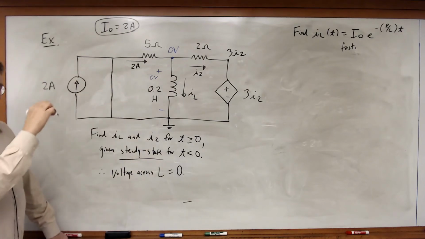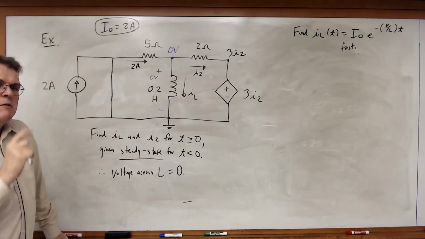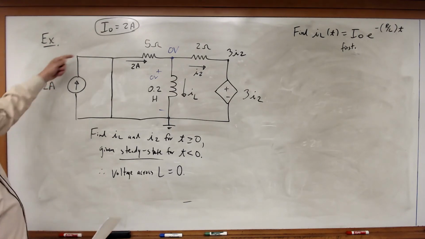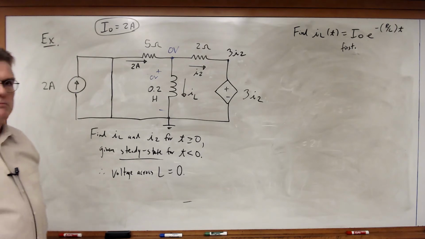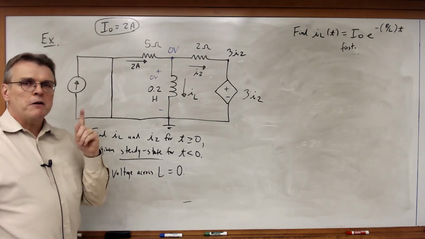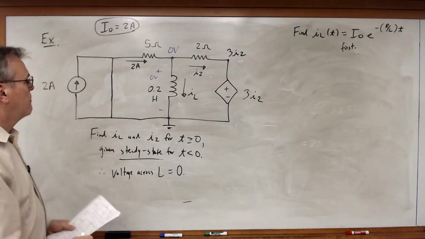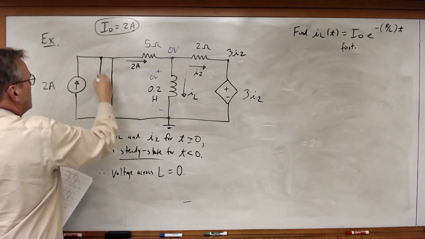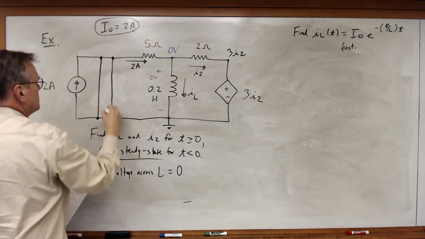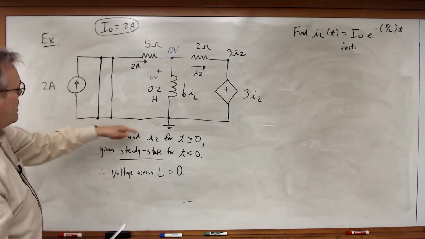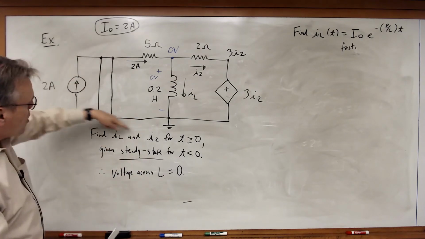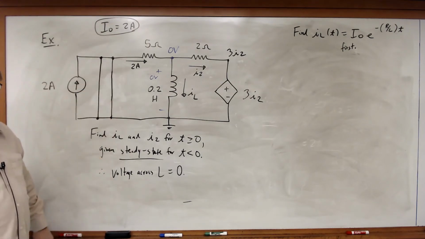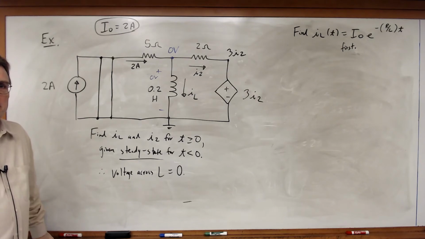Now, watch this, because a lot of people have some trouble grasping what's going on with this. I've now got a wire across this current source. Let me show you a little topological trick. If I have one wire from this point to this point, couldn't I just draw a second wire next to it? After all, since this is all the same node, does it matter if I draw a second wire connecting the top and the bottom? It doesn't change anything.